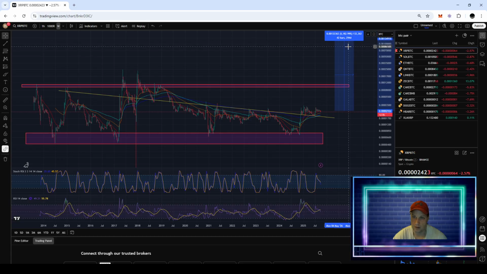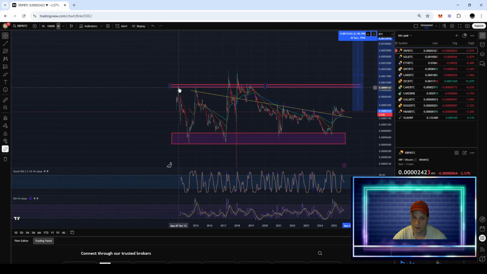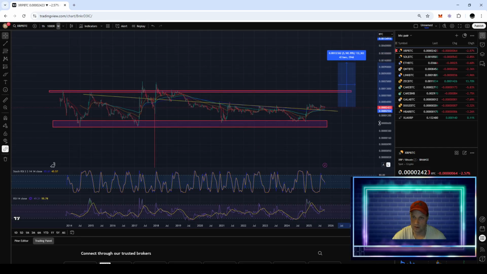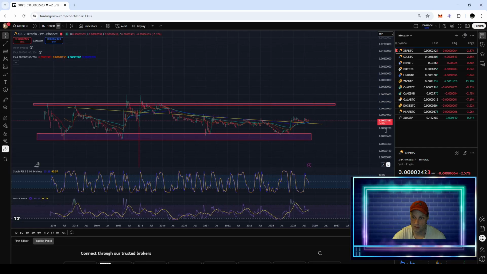That means XRP would actually break this box that has been there since 2013. This is how you get these actual crazy targets for XRP. People say it's impossible until you just take a look at charts like this, and this is definitely not impossible on a chart like this.